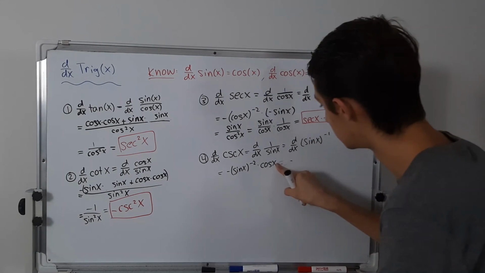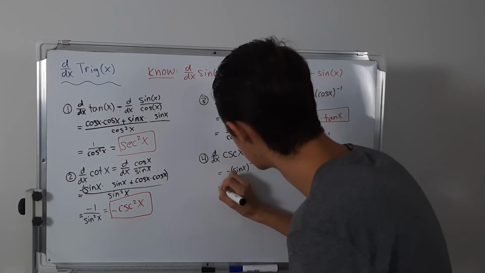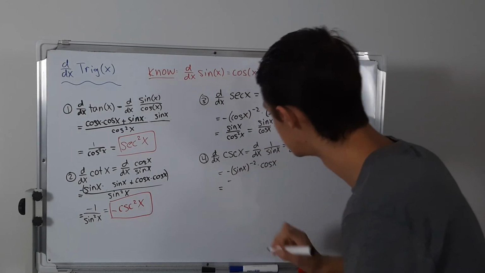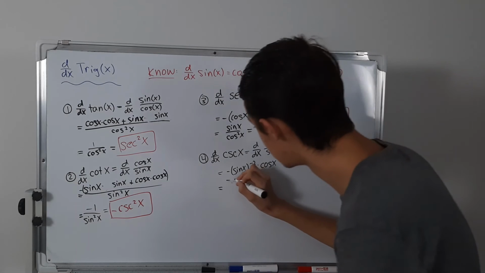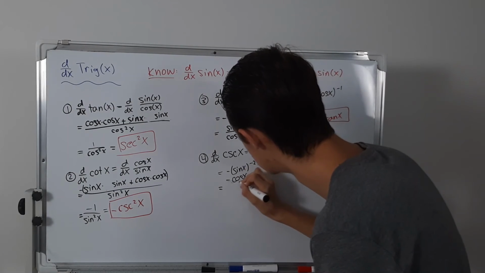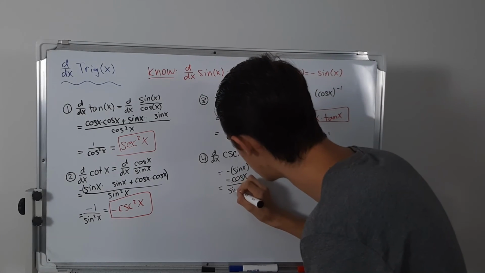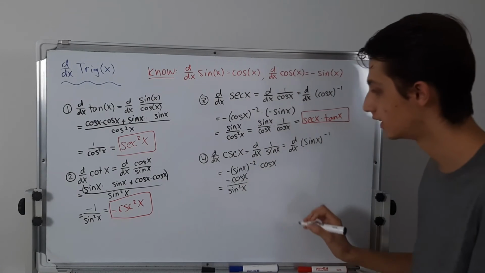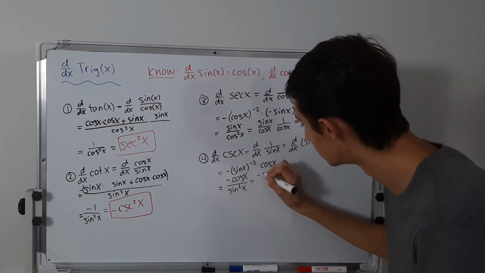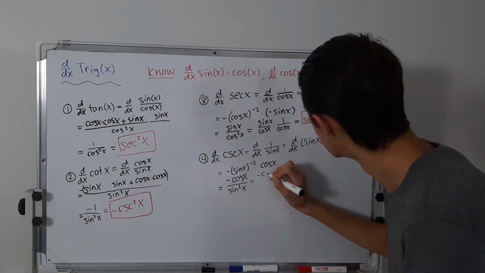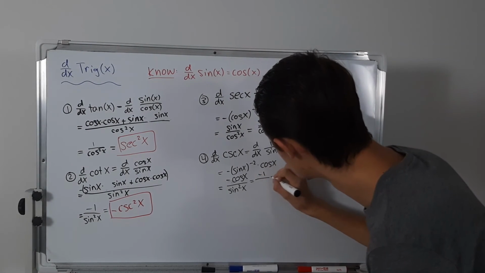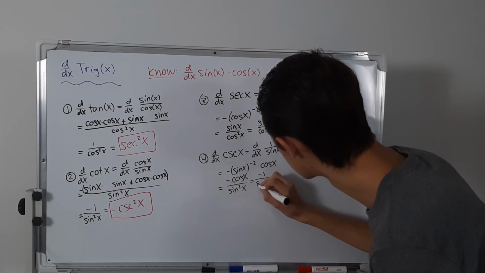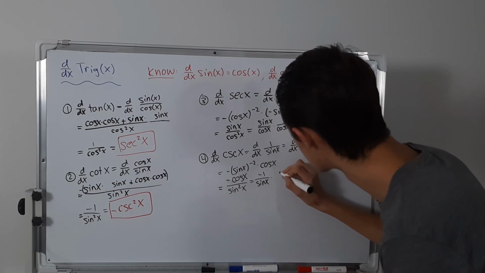So now we only have one negative here, so we're going to put that negative. Let me be consistent and put this on the second line, right? We have the negative, we have that cosine on the top over the sine squared on the bottom. So I'm going to say it's actually -1 over sine x times cosine over sine x, right?